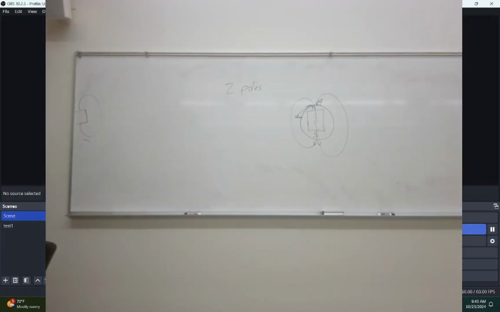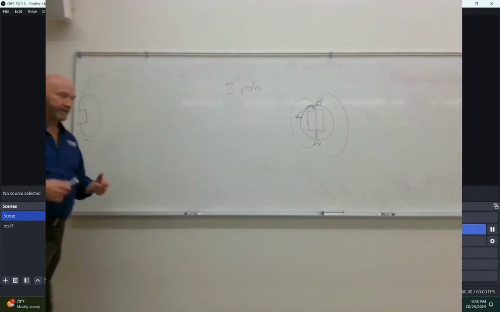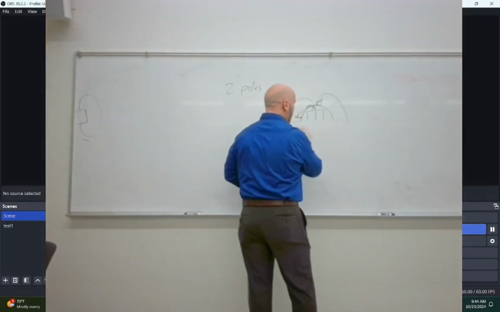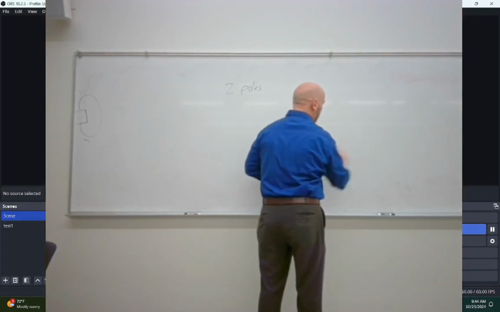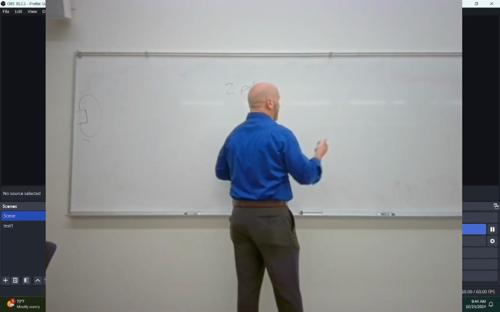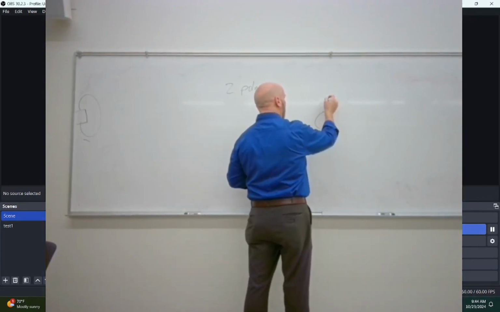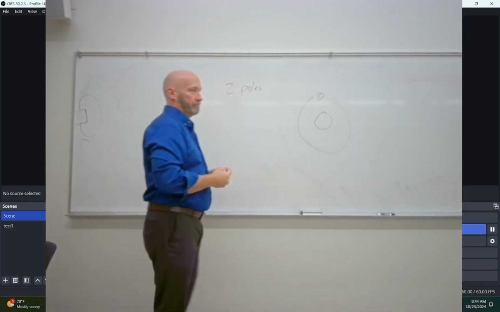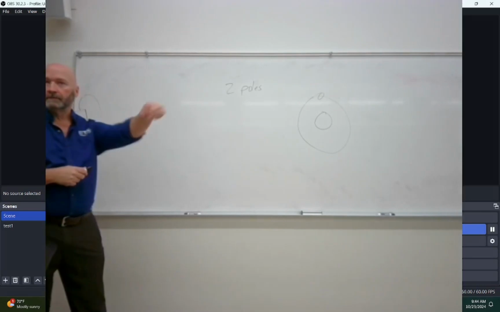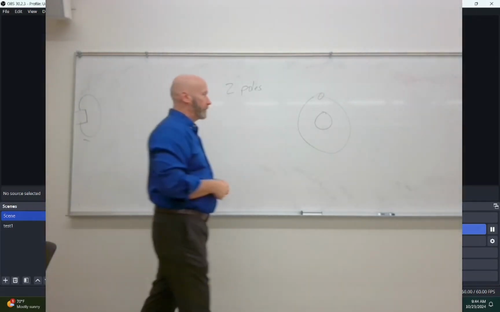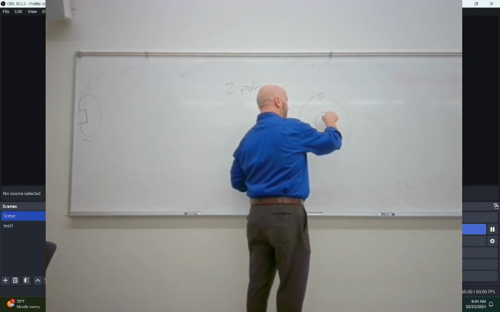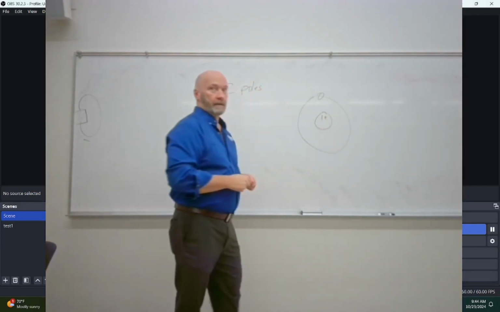Okay, so the catch here, and there's always a catch, is that if we have an atom that has one electron, then it's going to create a magnetic field. So what do we have here? We have one electron, and it's a neutral atom. We have one proton. What's that?